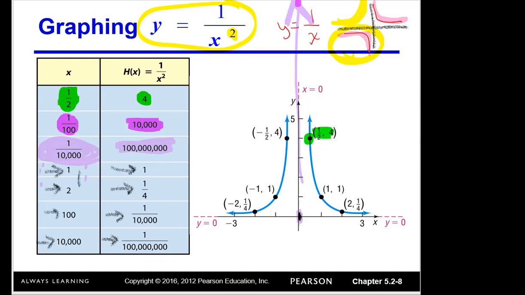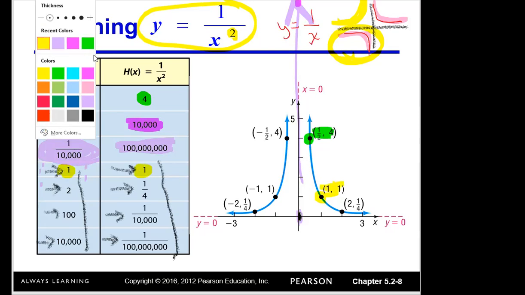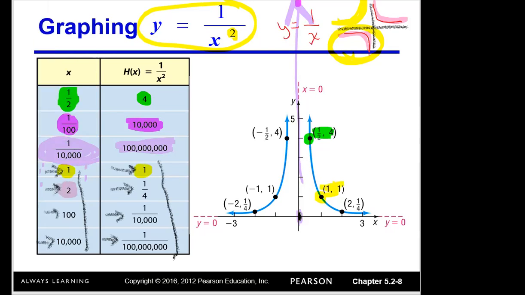Now, as x is getting bigger, y is getting smaller. And when I'm looking at these now, let me go back to yellow. When x is 1, y is 1, that's this point right here, 1, 1. When x is 2 and y is 1/4, that's this point right here.